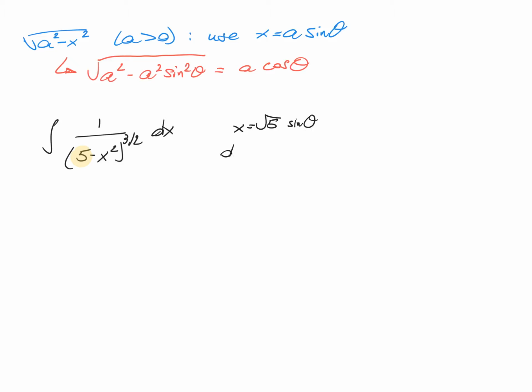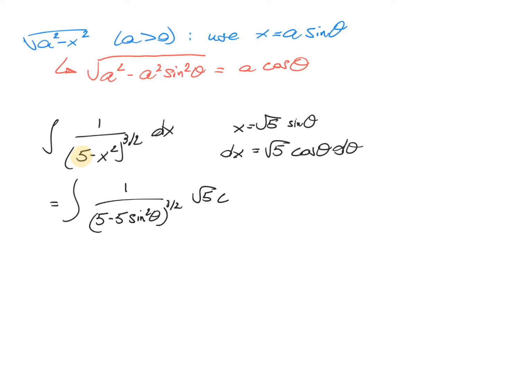In this case, dx is root of 5 times cosine theta d theta. And then we plug this into the integral. So we get 1 divided by 5 minus 5 times sine squared of theta to the power 3 over 2 times the root of 5 cosine of theta d theta.